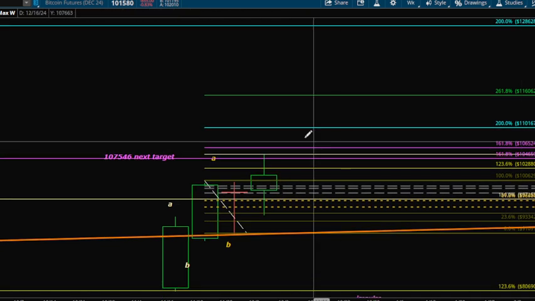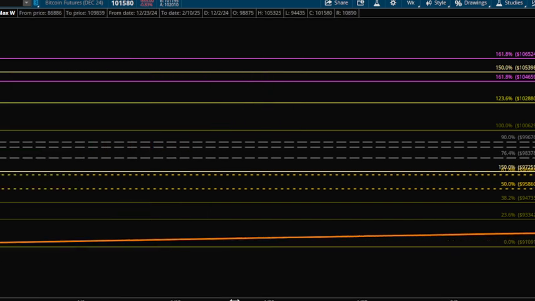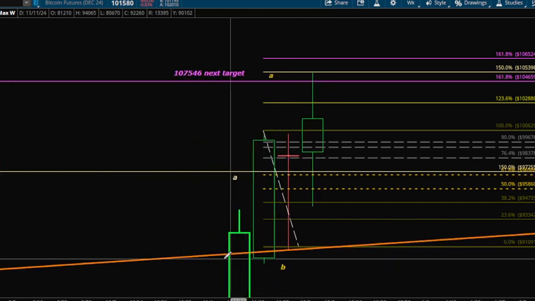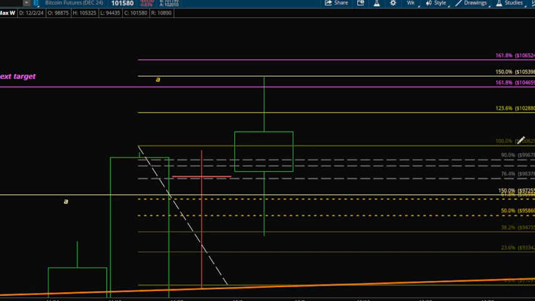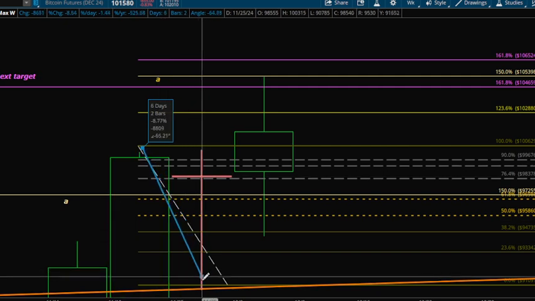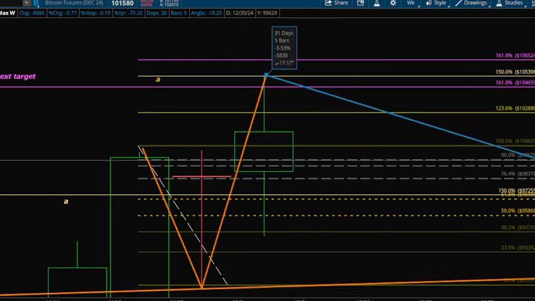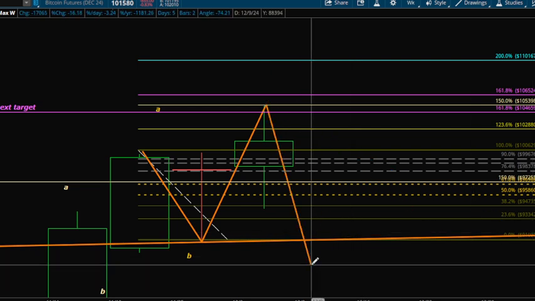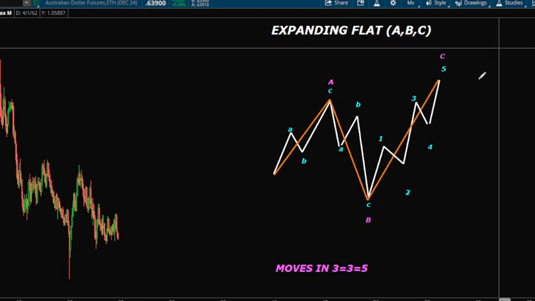Let's zoom in there. So if indeed this was the top, and this could be an A, B, and then the C has to go past the start of A for an expanding flat.